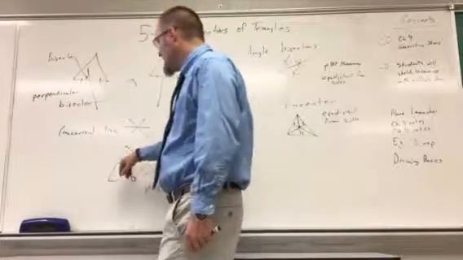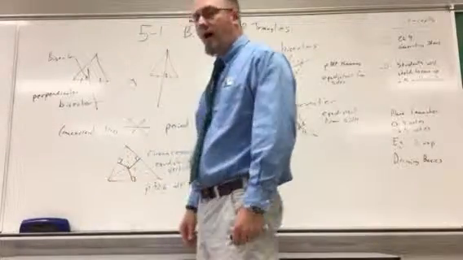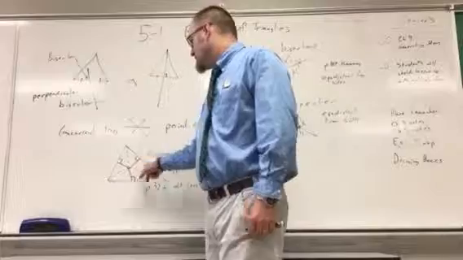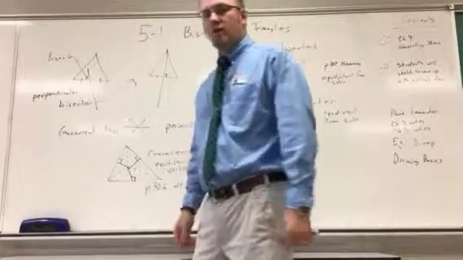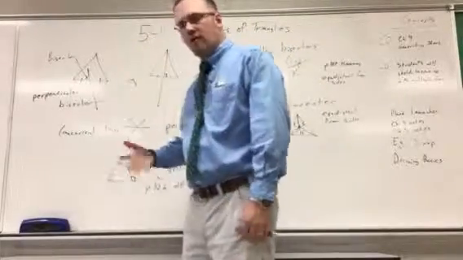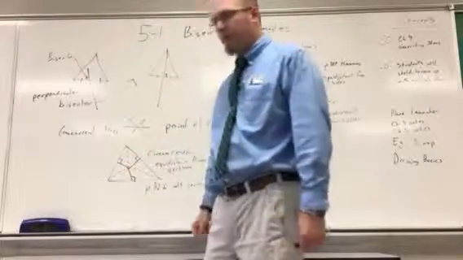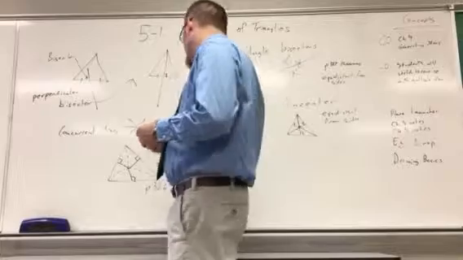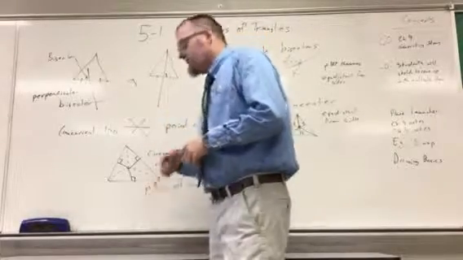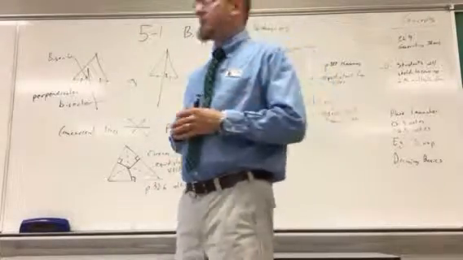The circumcenter may not be equidistant from those sides, but it is equidistant from the vertices of the triangle. Again, my drawing doesn't look great, but these dotted lines would represent the exact same distance from each one of them. On page 326, you might take a close look at that one.